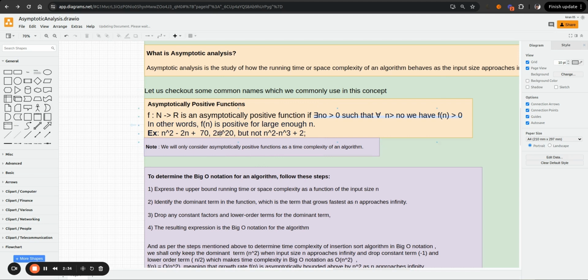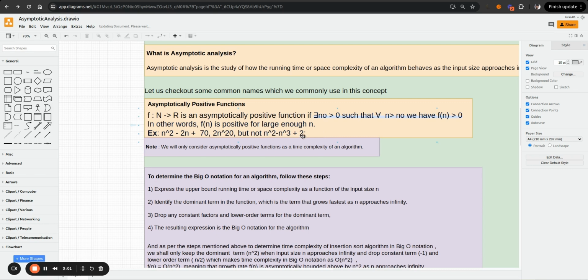Similarly, 2 n power 20 will be positive after the n equals 0 line. And the last example is n square minus n cube plus 2. In this case, as n is reaching infinity, this will be negative. So we can say that this function is not asymptotically positive.